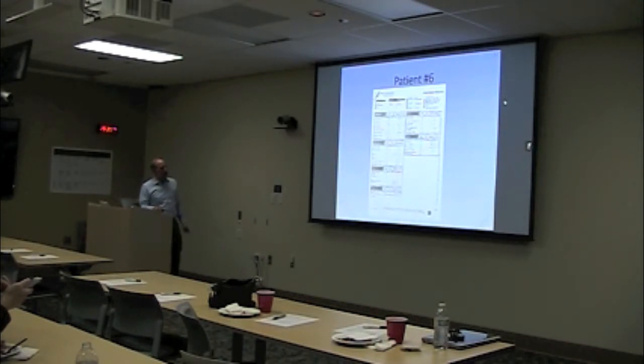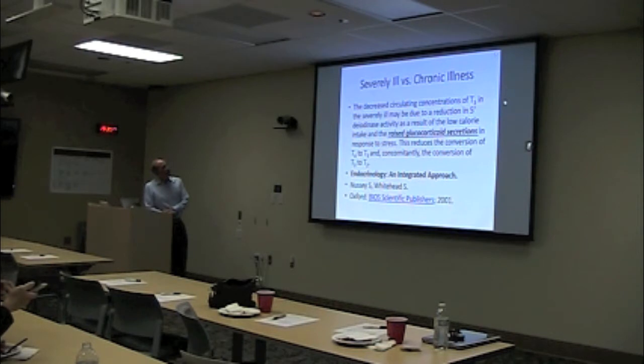Okay, so severe illness versus chronic illness. There's an article that talks about the decreased circulating concentrations of T3 in the severely ill, which may be due to reduction of deiodinase activity. That's the converting enzyme from T4 into T3, as a result of low calorie intake, again starvation, and raised glucocorticoid secretions in response to stress. What happens in stress?